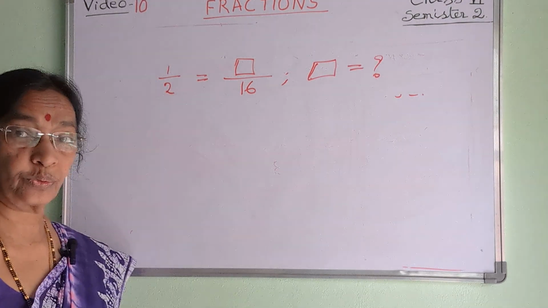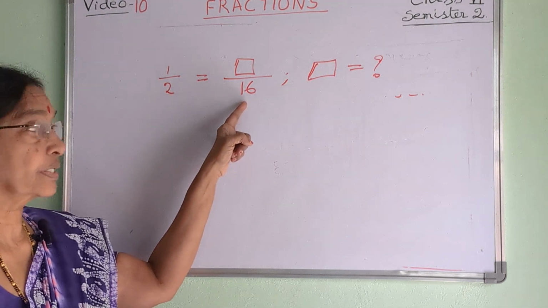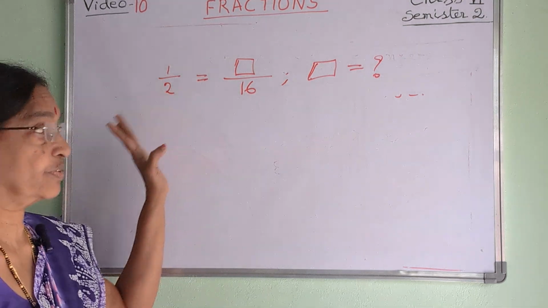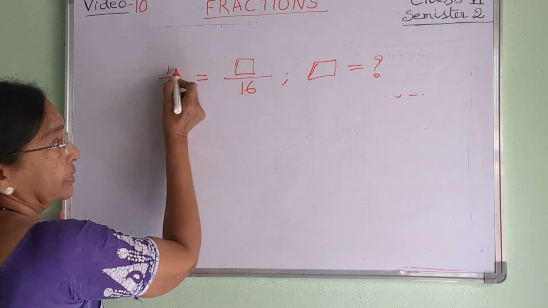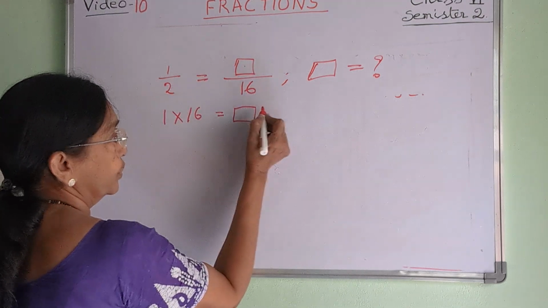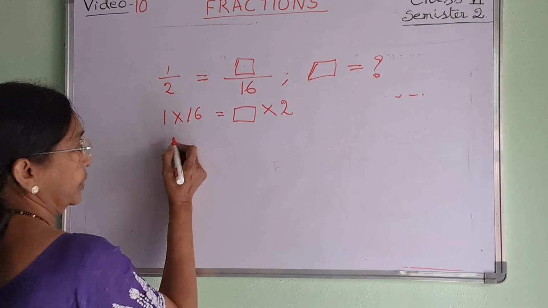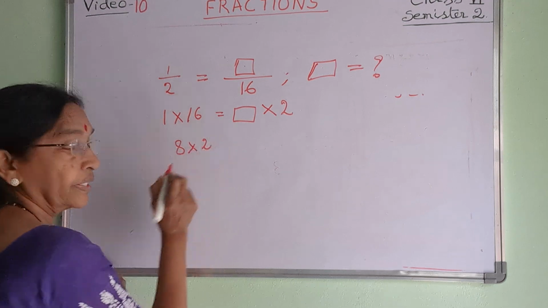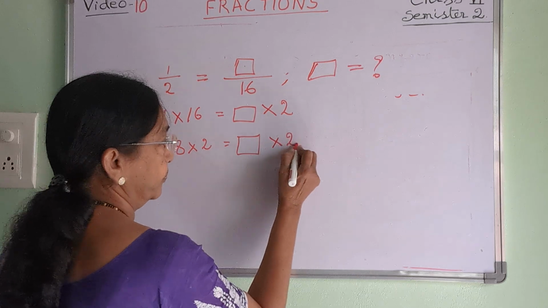According to the cross product rule, the product of the numerator of the first fraction and the denominator of the second fraction is equal to the product of the numerator of the second fraction and the denominator of the first fraction. So 1 into 16 is equal to this blank into 2. 1 into 16 is 16. 16 can be written as 8 into 2. 8 into 2 is equal to this box into 2.